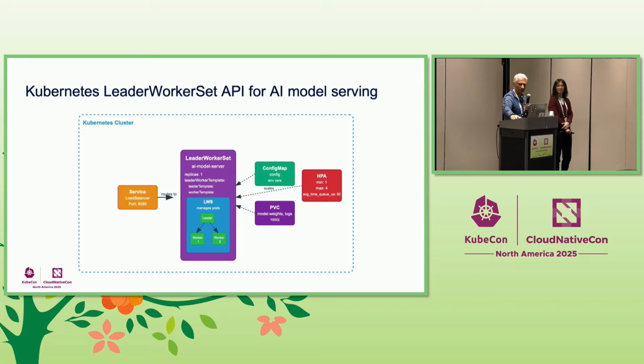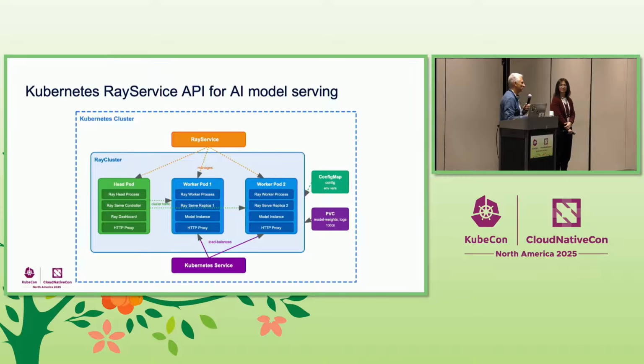There's another very interesting API, which is the Ray Service API. And in some sense, this combines the capabilities of the previous two APIs, because in this case, the service first creates a cluster, the Ray cluster, which gives you the capability that the LWS was giving in the previous case. And then on top of that, the Ray Serve maps the actual application.